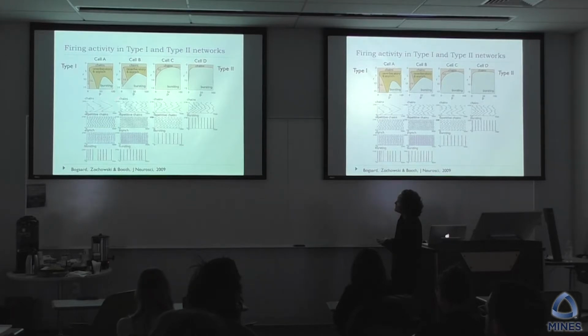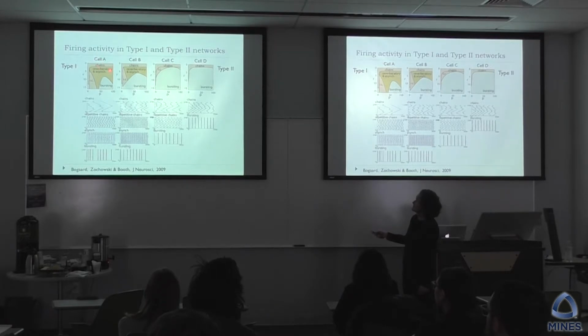And what's shown in the different regions here is what kind of network behavior we got for the networks containing the different cell types.